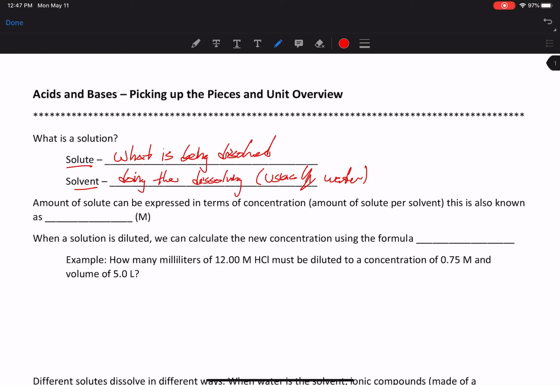All right, so the amount of solute can be expressed in terms of concentration. It's just the amount of solute per solvent, and this is also known as molarity. So you're going to see that a lot throughout this packet. When a solution is diluted, we can calculate the new concentration or the new molarity using the formula M1V1 equals M2V2.